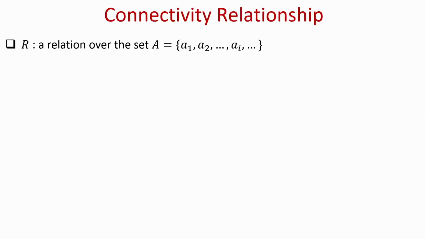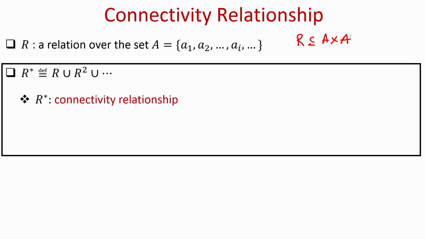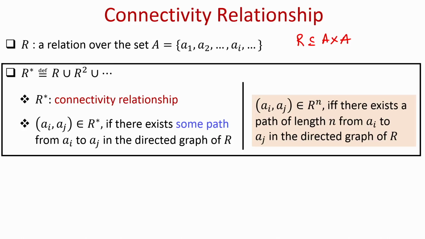So, imagine you are given a relation R over a set which may or may not be finite. So, your R is a subset of A cross A, and I define this relation R star, which I call the connectivity relation, and this is basically defined to be the union of different powers of your relation R. It turns out that as per my definition of R star, an element a_i will be related to a_j in this relation R star, provided there exists some path of any length.